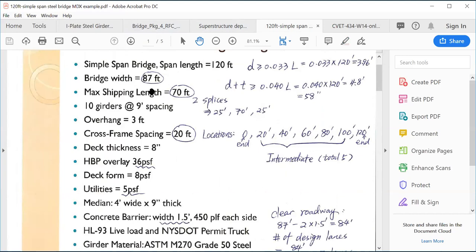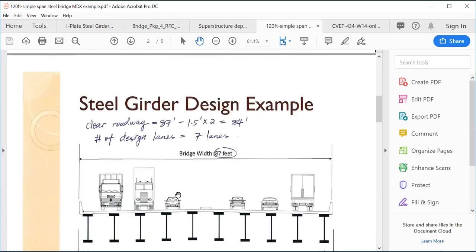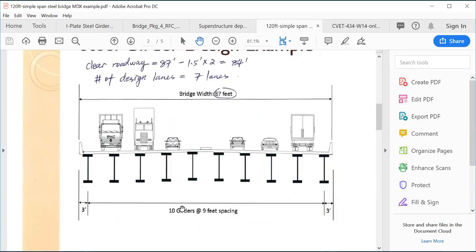The bridge width is 87 feet, and according to that, we need to determine the framing. This problem already gave us the framing: 10 girder lines at 9-foot spacing. So we already know the girder spacing is 9 feet, and also the overhang is 3 feet.